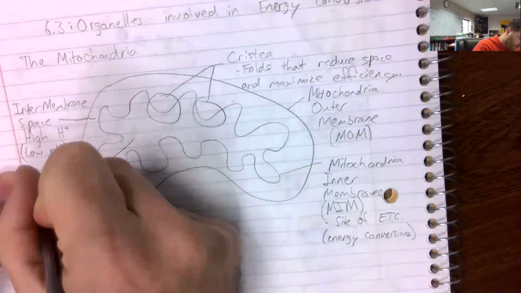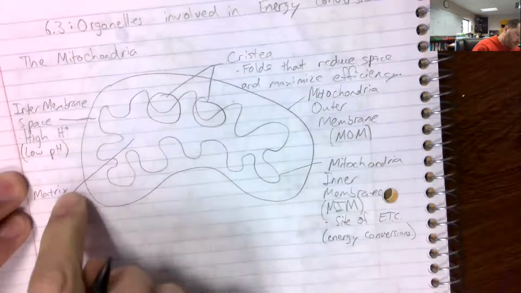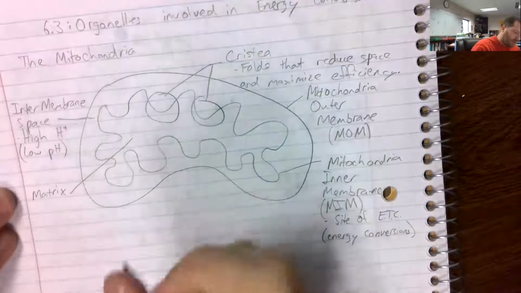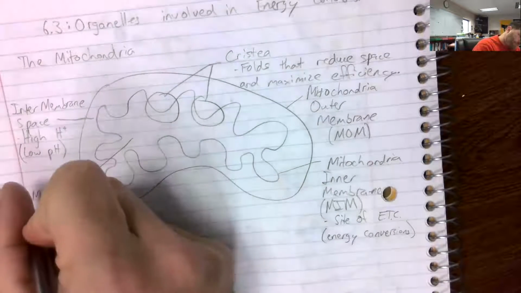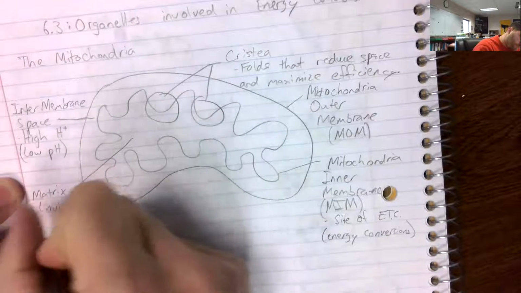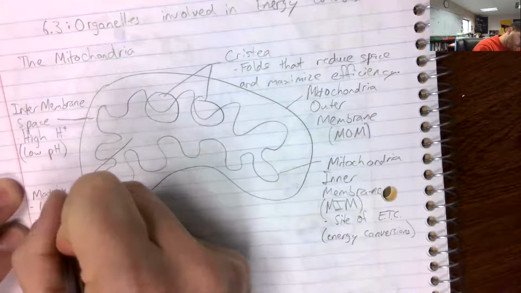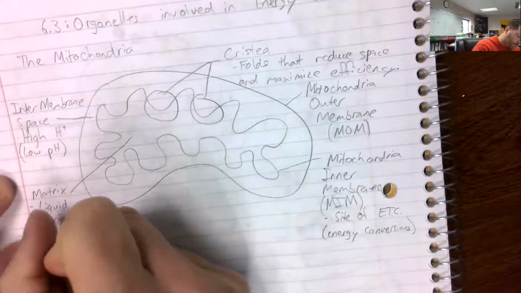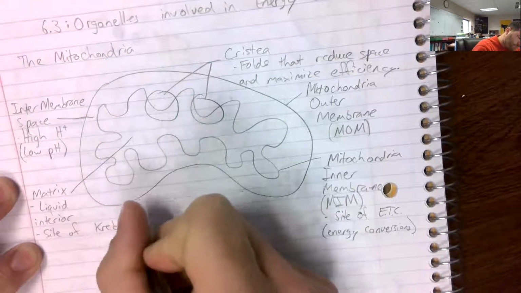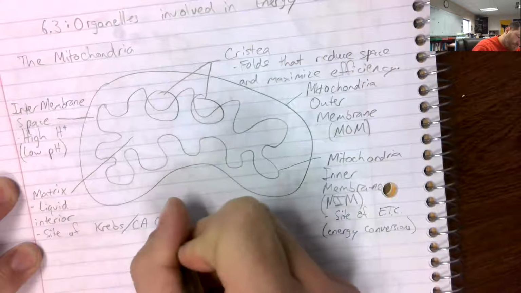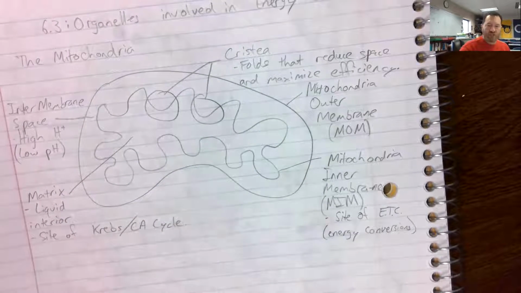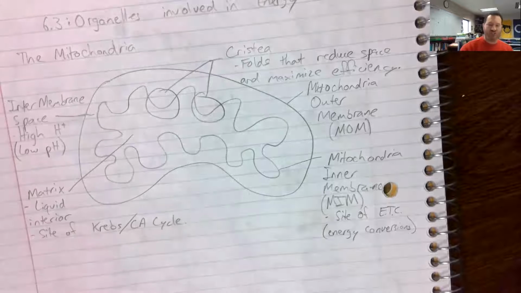And finally, the middle of the mitochondria is the matrix. It's kind of like a lake. It's a liquid interior. And that's the location of the Krebs / citric acid cycle.